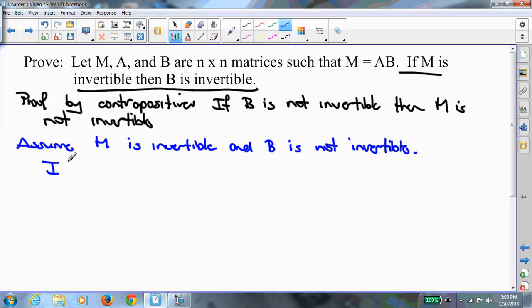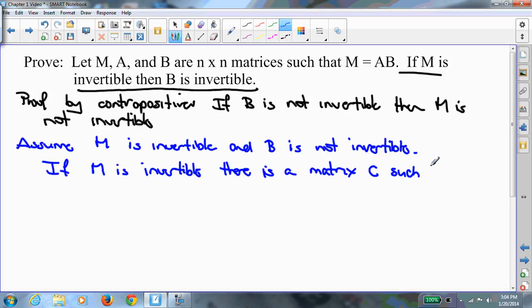If M is invertible, then you want to think about what it means to be invertible, what kind of properties have to hold. So if M is invertible, there is a matrix C such that CM equals I. Okay, so that's using the definition of an invertible matrix existing.